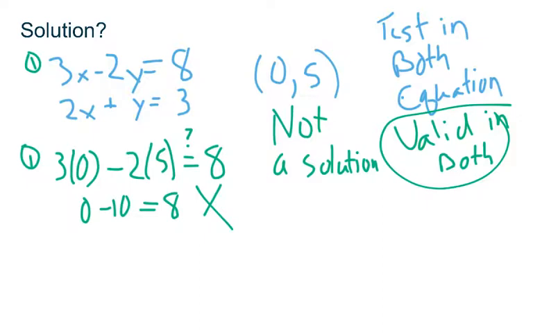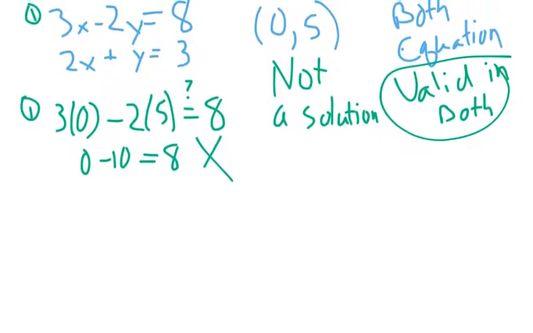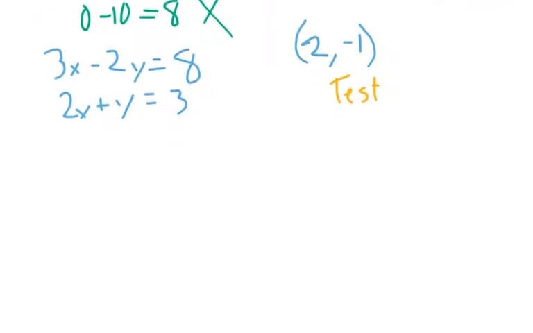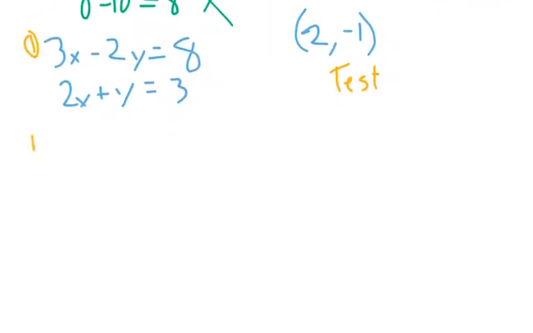But now let's use the same system. Let me rewrite it here: 3x minus 2y equals 8, and 2x plus y equals 3. But now let's use the point (2, -1). We're going to go through the same process. We're going to test in both equations and see if it works. I got my first equation.